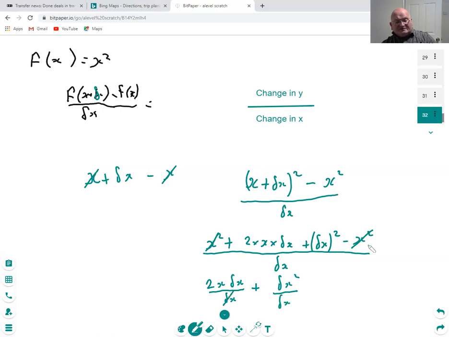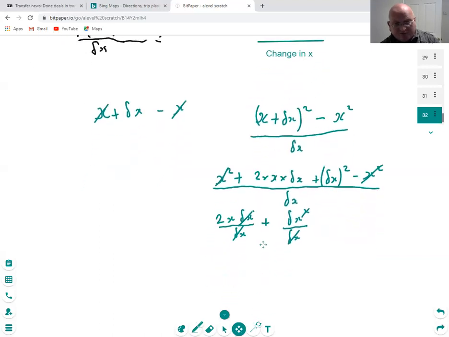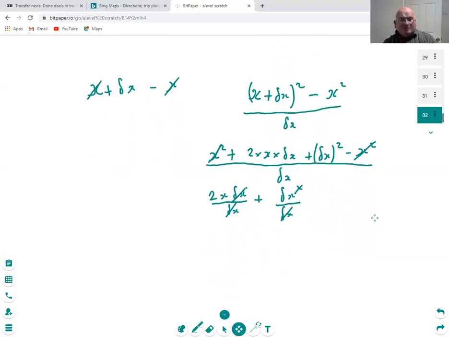Well, that can cancel with that, and we're left with 2x, and that can cancel with that. So what we're left with here is 2x plus delta x. Now this is where I'm going to introduce some more notation.